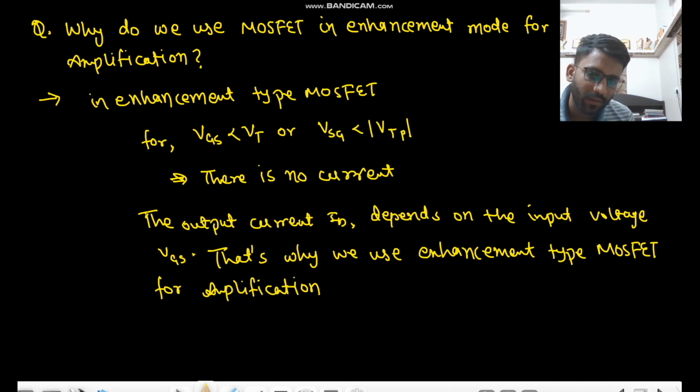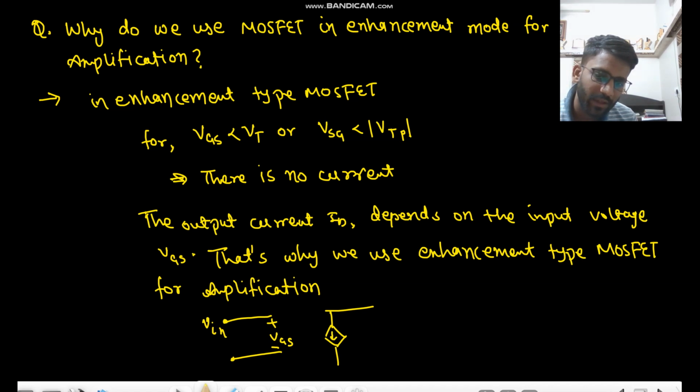Like this is your VGS, here this is your Vin, this is your drain current, this is your gate, this is your source, this is also your source. This is your drain, right?